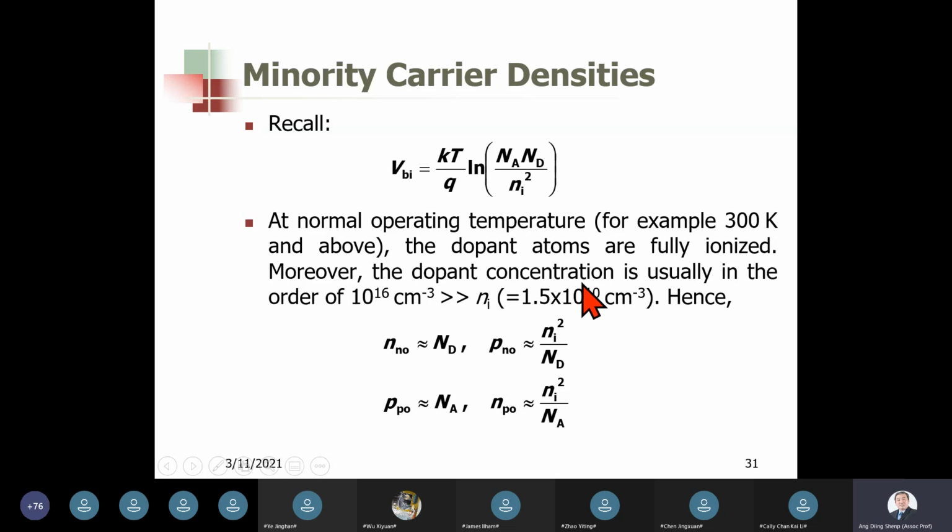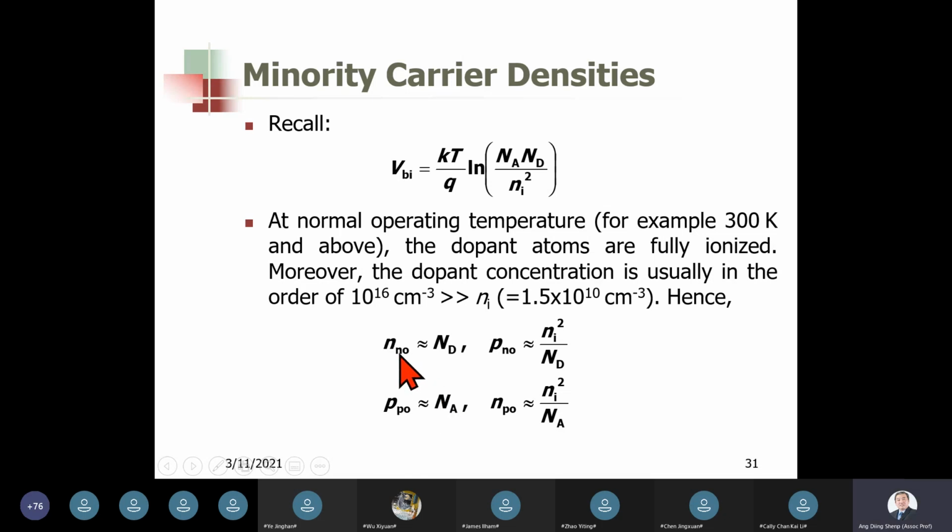Since the doping concentration is usually on the order of 10 to the power 16, which is much higher than the intrinsic carrier concentration, we can approximate the electron concentration in the N region at thermal equilibrium to be ND, and the hole concentration in the P region at thermal equilibrium as NA.